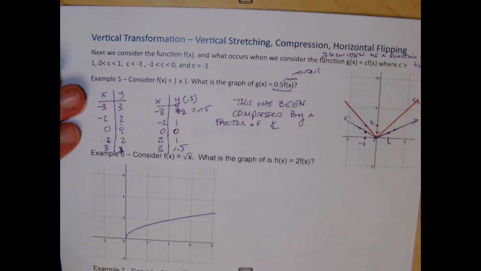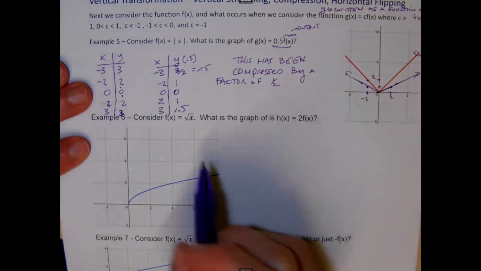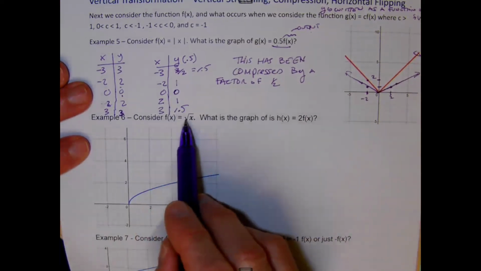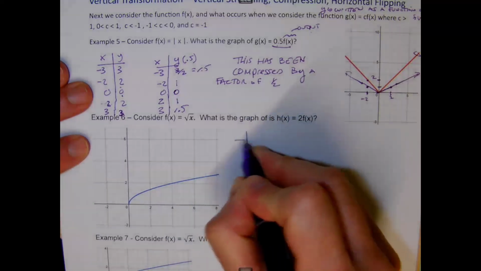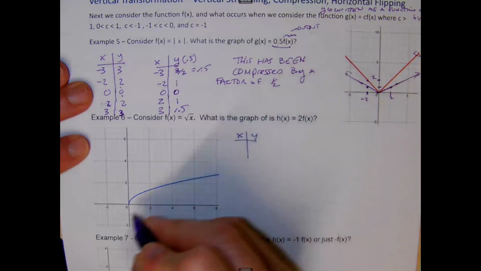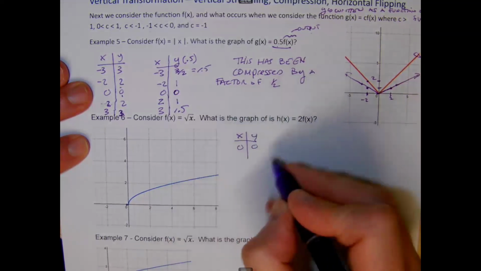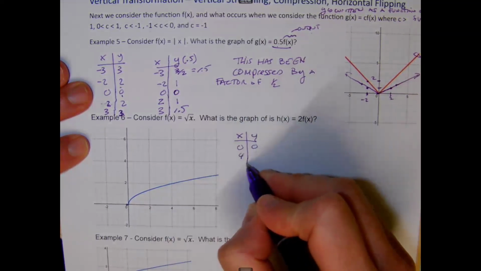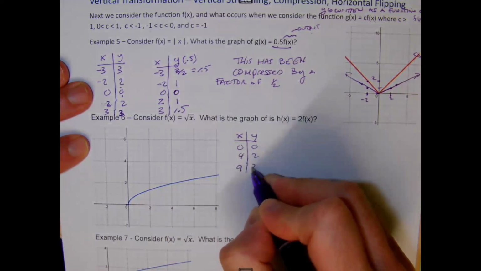So let's look at another function and repeat this. Consider the graph of f of x equals square root of x. So again, grabbing a few values. At 0, it's 0. At 4 is 2. At 9, square root of 9 is 3.